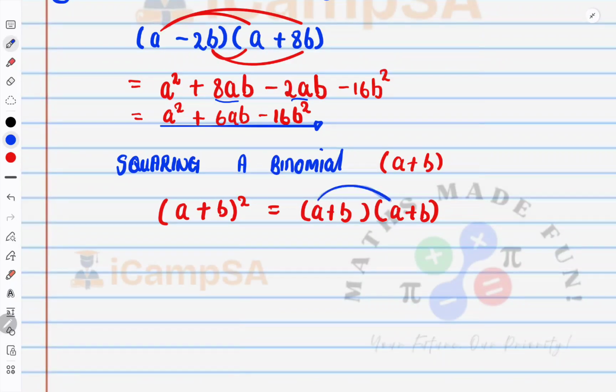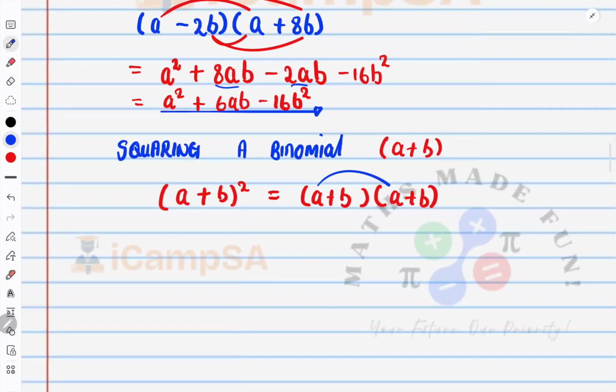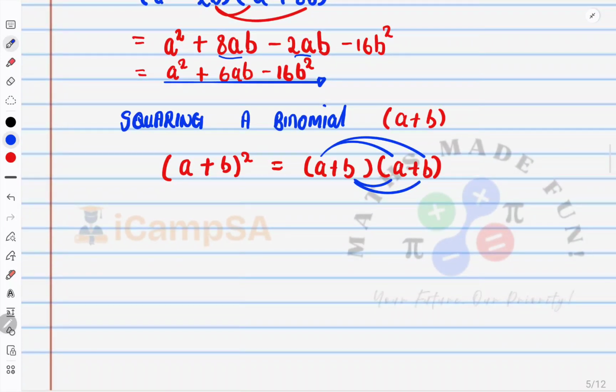Now we have a product of 2 binomials, so we do what we have just done above.